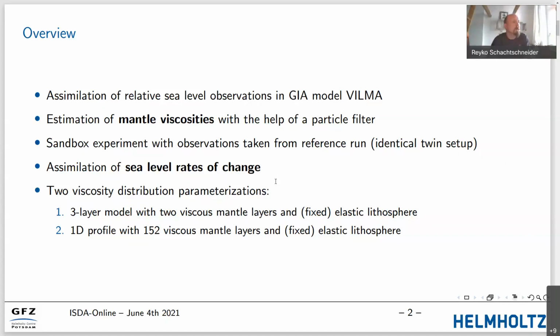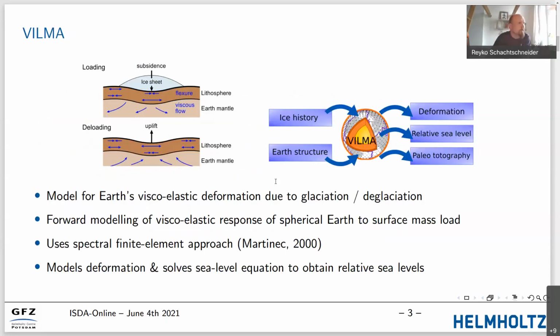We have two viscosity distribution parameterizations. The first is a simple three-layer model with two viscous mantle layers and a fixed elastic lithosphere. And the second is a 1D profile with 152 viscous layers and also a fixed elastic lithosphere.